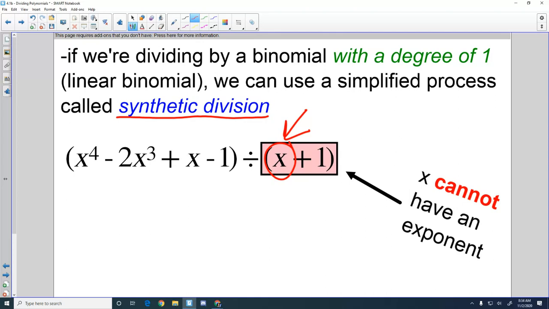But you can only do it in certain conditions, right? If you're dividing by a linear binomial, meaning it's just an x to the first power, x without an exponent. If you recognize that, then we can do this process called synthetic division, which is super quick and easy. It's a fabulous little shortcut method.